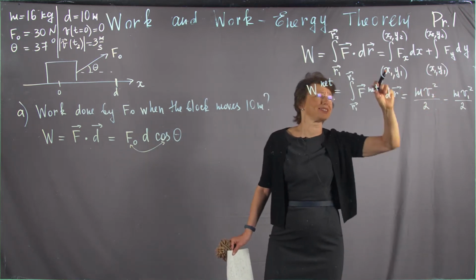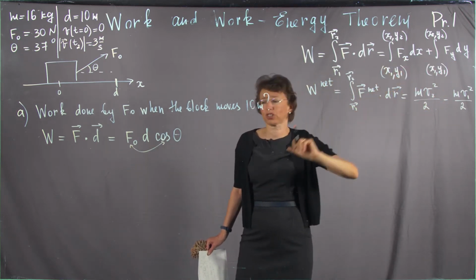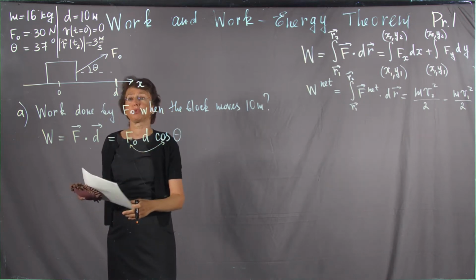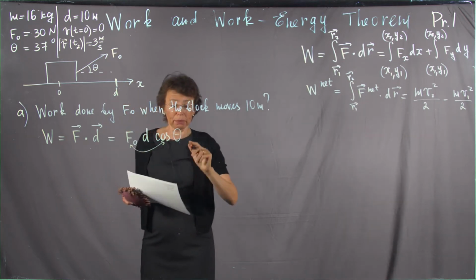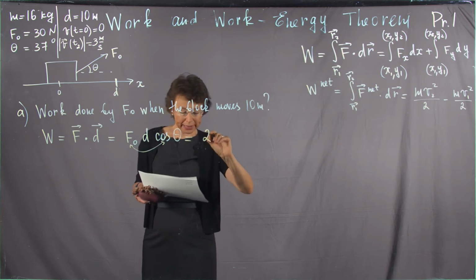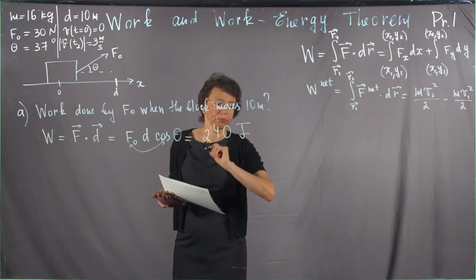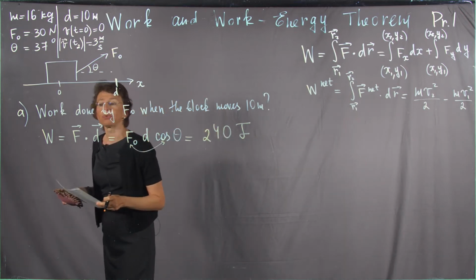Second part of the integral will give me 0. We have just this. So we found the work done by constant force F naught. And if I plug in the numbers, I will get 240 joules for work done by this force.